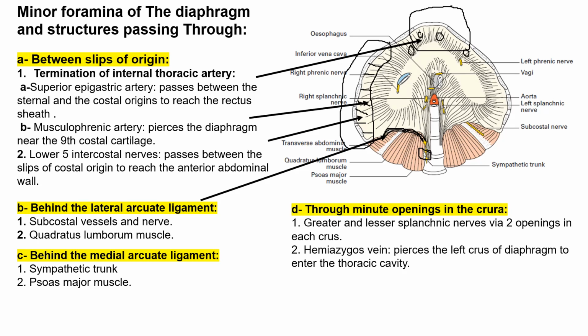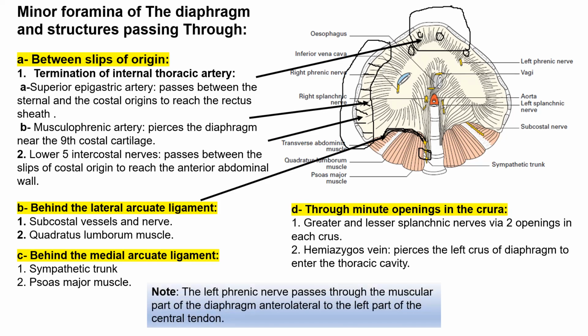Through a minute opening in each crus, we can see the greater and lesser splanchnic nerves coming from the thorax to the abdomen, and the hemiazygous vein, which pierces the left crus of the diaphragm to enter the thorax. The last one is the left phrenic nerve, which pierces the muscular part of the diaphragm to the left side of the central tendon to reach the inferior surface of the diaphragm.